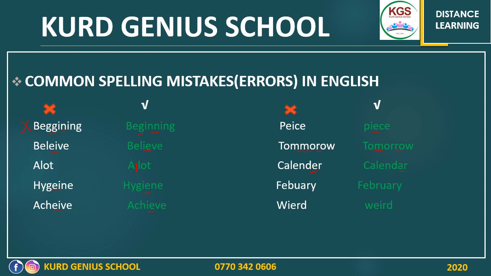February. Some people don't only misspell the word, they also don't know how to pronounce it. You have to say February, and it's spelled like that: February. And the last one is weird. Did you see that man?